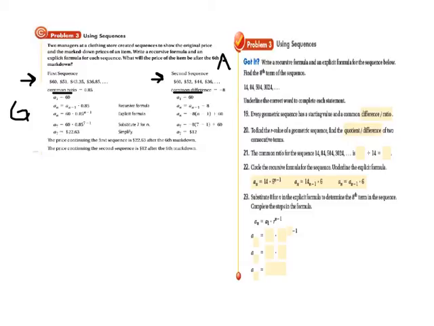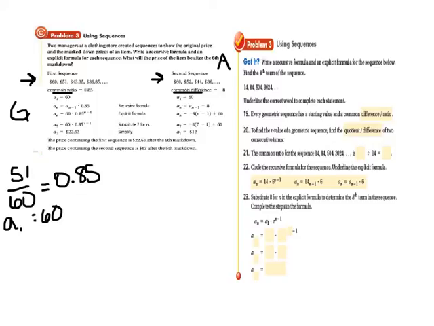Alright, so the sequence on the left, we start with 60 and we see we're going down at a rate of 0.85. How we find this is by taking 51 divided by 60, and that gives us 0.85. This one was not as easy to do in our heads. And we also know that our first term is 60.